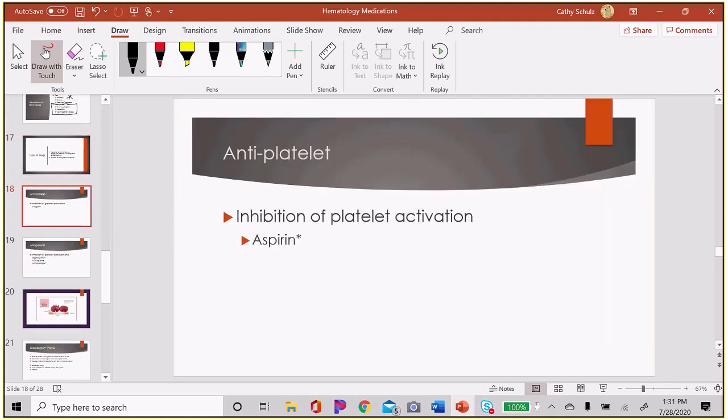So antiplatelets, the biggest one we have is inhibition of platelet activation, and that's aspirin. We talked about aspirin in a different way in the beginning of the semester. We talked about its anti-inflammatory properties because it's a COX-1 and COX-2 inhibitor.